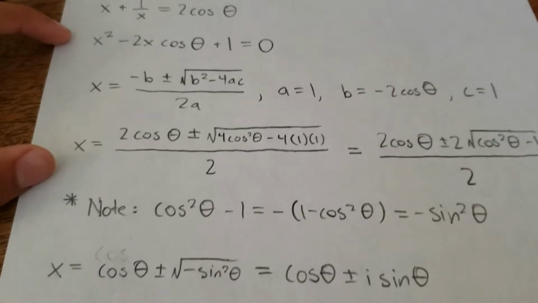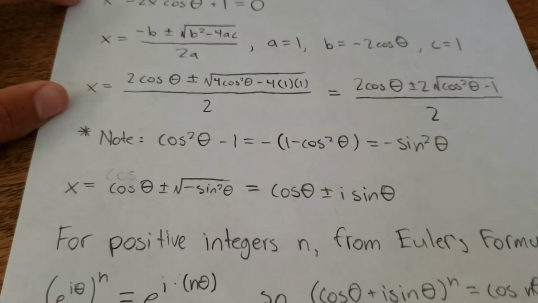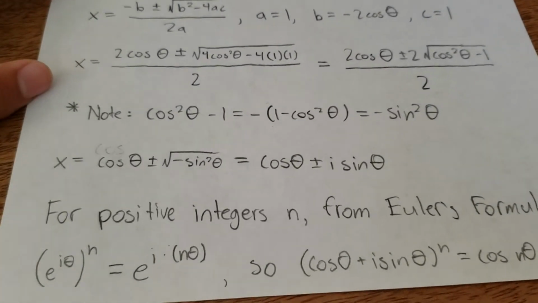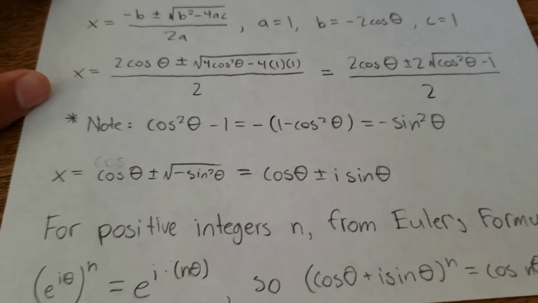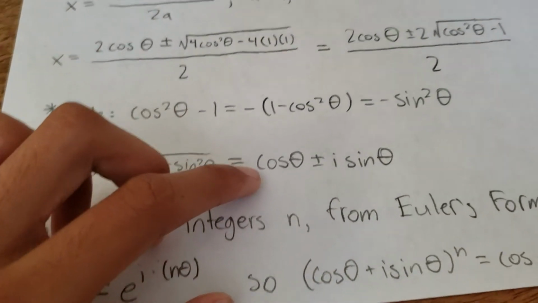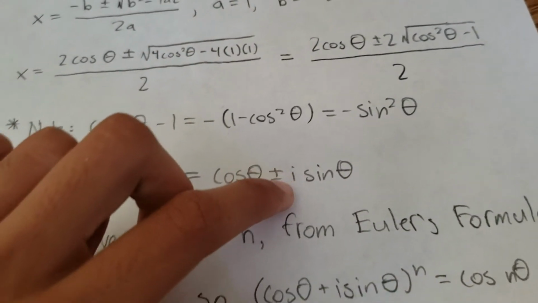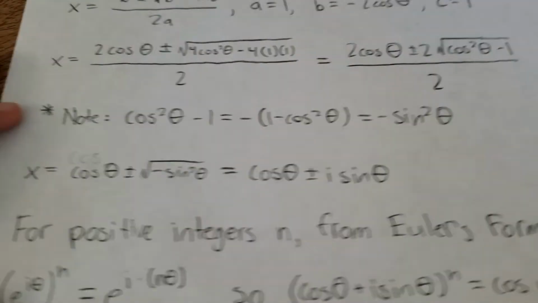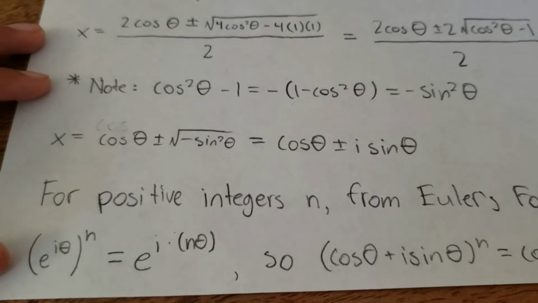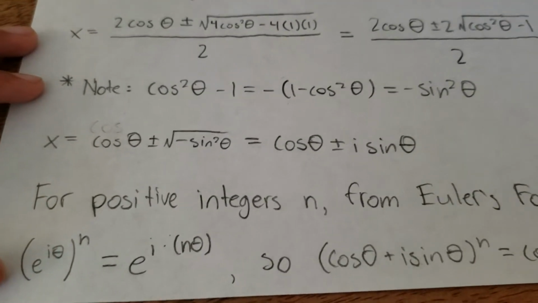What it says is e to the i theta is equal to cosine of theta plus i sine of theta. And that's very interesting because this is very similar to cosine of theta plus i sine of theta, just plus or minus.